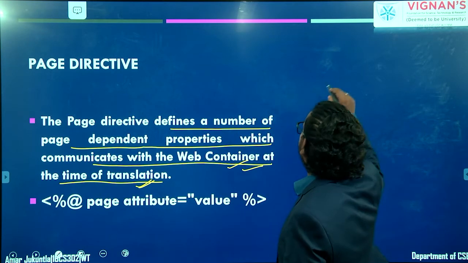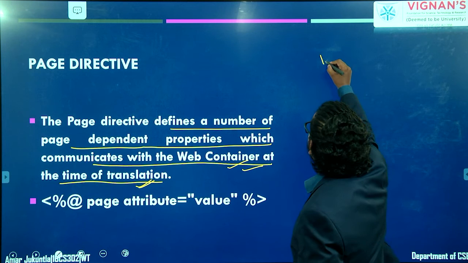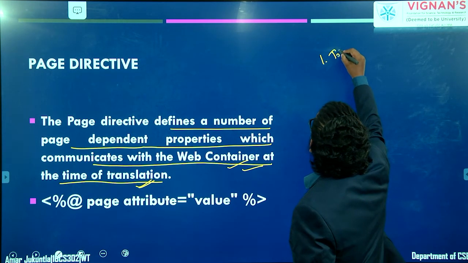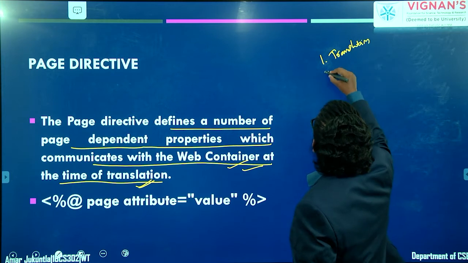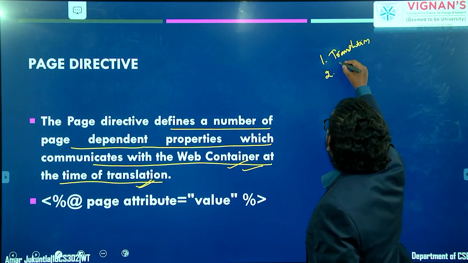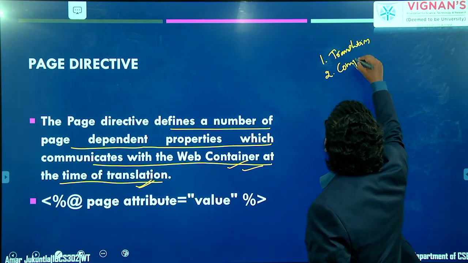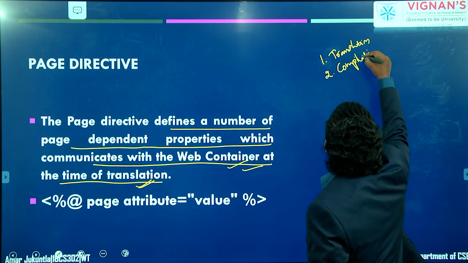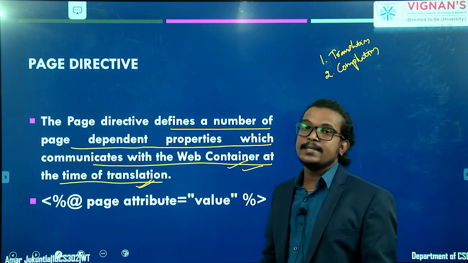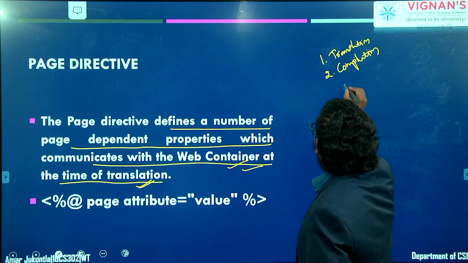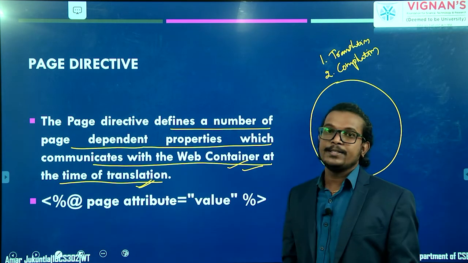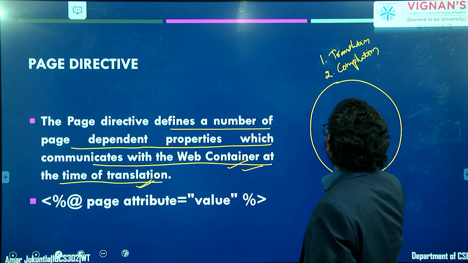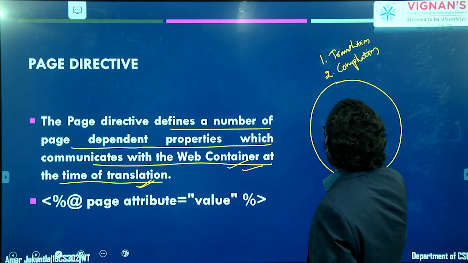In JSP processing we have 2 phases. The first one is the translation phase. The second one is the compilation phase. In the translation phase we communicate with the web container.